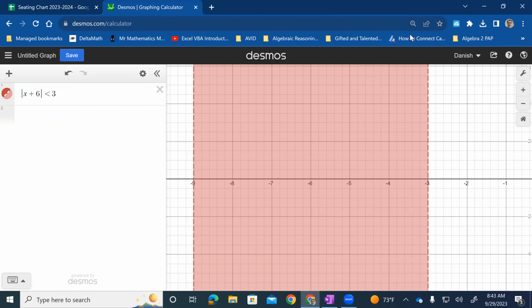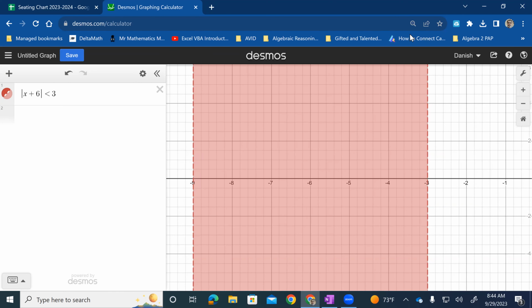So this is -9. -9 plus 6 is what? -3. So it's less than 3, obviously. If you take it from here, -3 plus 6 is going to be 3, but that's equal to 3. And the reason this line is dashed is because 3 is not inclusive here.